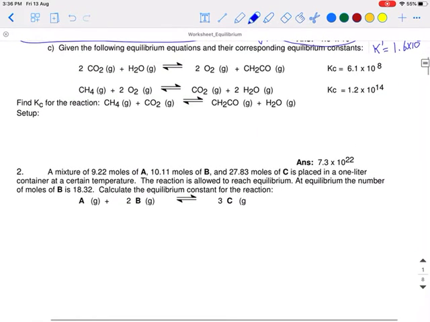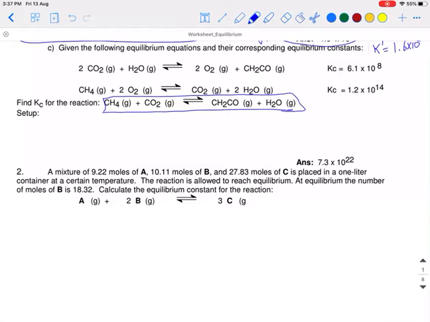Now, part C, given the following equilibrium equations and their corresponding equilibrium constants, find Kc for the following reaction. If I take a close look at this reaction, I see that it's just the summation of the above two. How? If I add these two equations, 2O2 and 2O2 are subtracted, because as you know, if one is in the product and the other in the reactant, we do subtraction. If they are on the same side, we add.